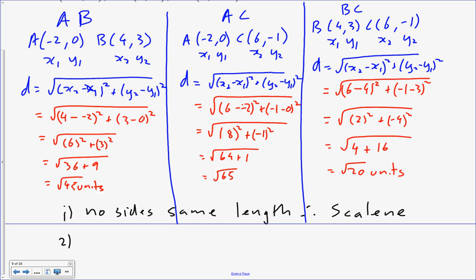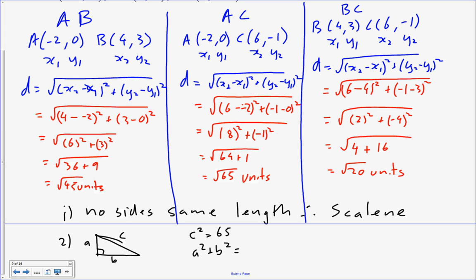Remembering our right angle triangle, better put my units up here. If we look at a right angle triangle, the two sides here and here are the short ones, C being the long one. So the longest side here, so C squared, equals 65 units. And the other ones, so now we need A squared plus B squared.